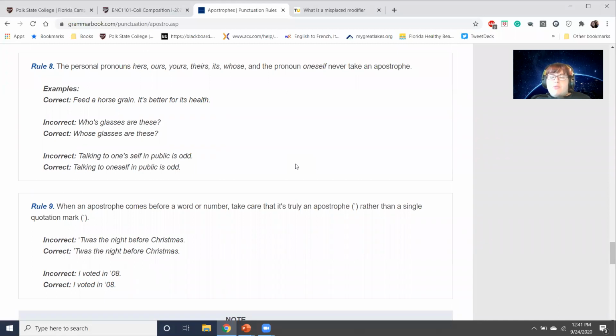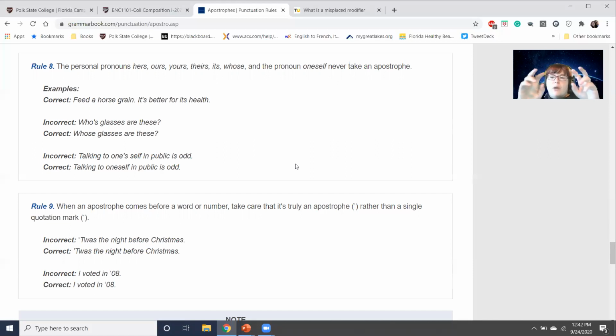When an apostrophe comes before a word or a number, take care that it's truly an apostrophe rather than a single quotation mark. So the idea is when we have a quote within a quote, where you're quoting someone and they're quoting someone else. So you start with the double quotations to show this is the quote that I'm quoting.